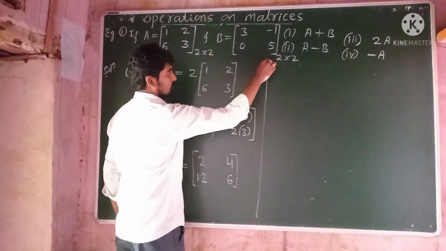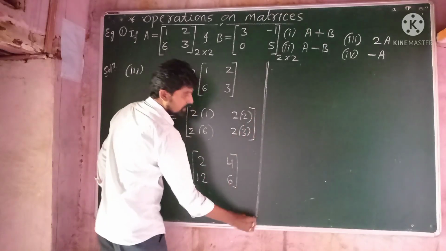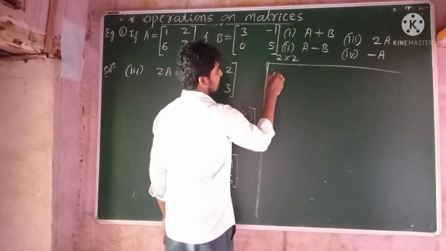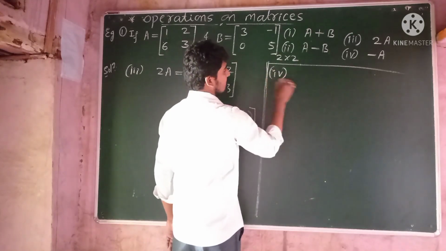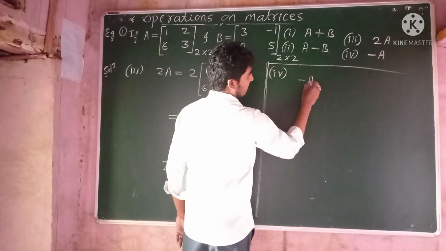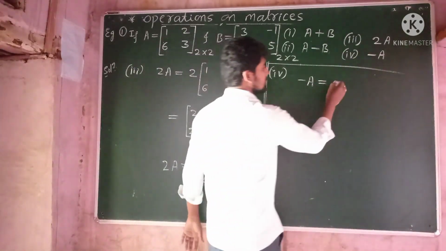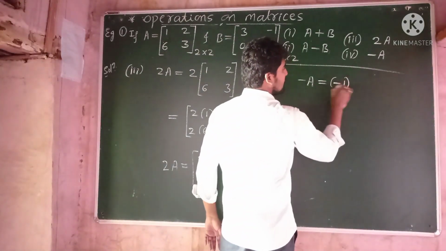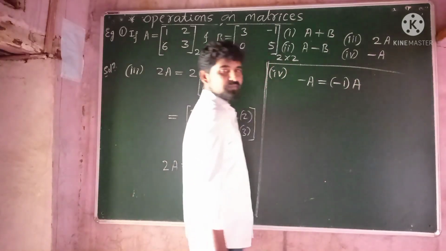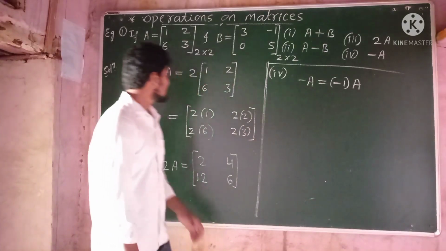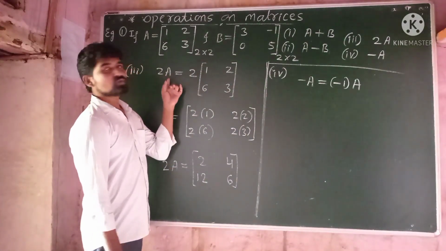Now the fourth question. Negative of the matrix A, that is minus A, which is equal to, minus A can be written as minus 1 into matrix A. So again minus 1 into A is similar to finding the matrix 2A.